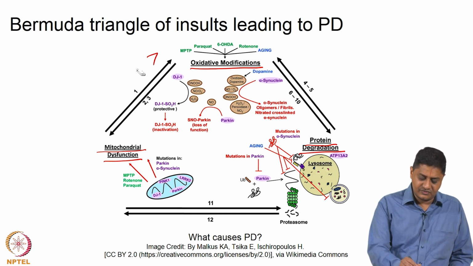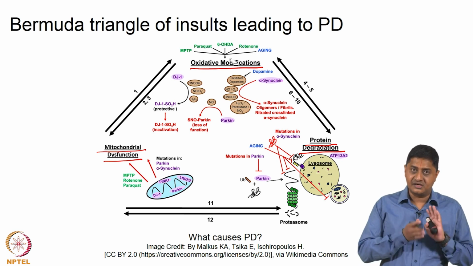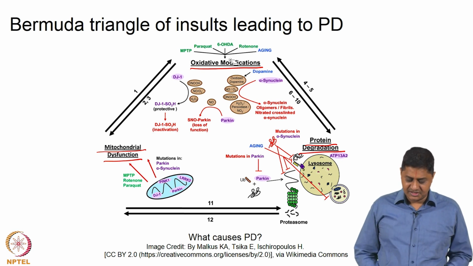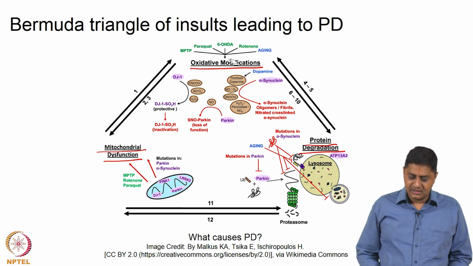There are specific reasons why one is connected with the other: oxidative modifications and mitochondrial dysfunction are connected in a two-way street, and mitochondrial dysfunction and protein degradation are also connected, and protein degradation and oxidative modification are also connected, right.